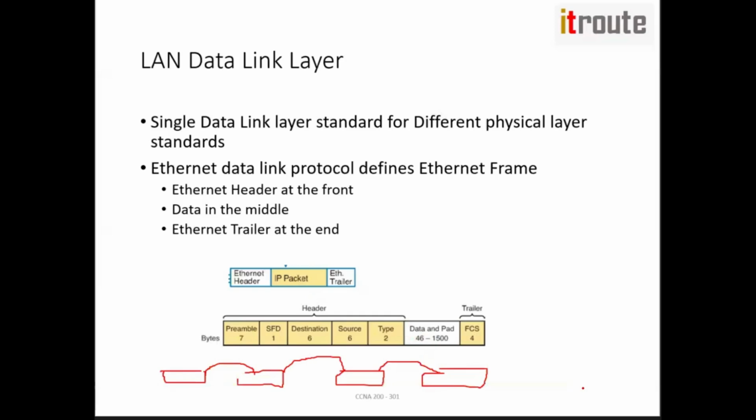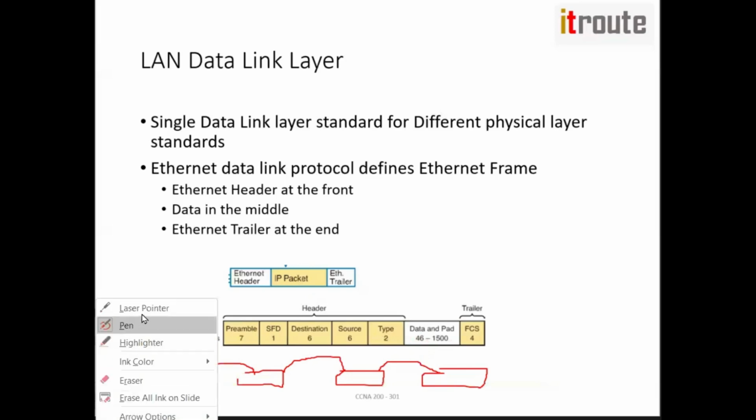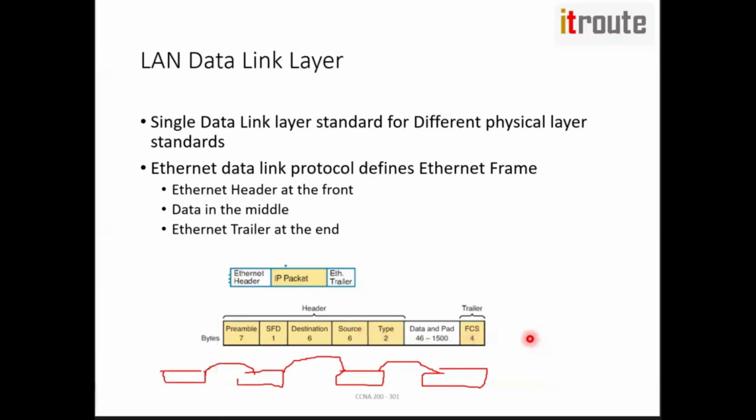So that means if you send a lot of files, in the back end our switch is creating many frames. Usually, we do not have to do any troubleshooting with these frames, but we need to know how a frame functions in the back end.